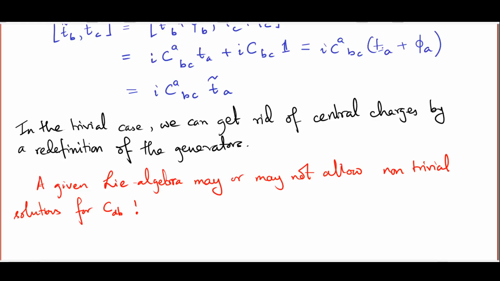Now, whether a given Lie algebra allows non-trivial solutions for C_AB depends on the algebraic structure of that particular Lie algebra. Now, if all solutions for C_AB are of the trivial nature, then we are a long way towards establishing that all representations of this particular Lie group have to essentially be non-projective.